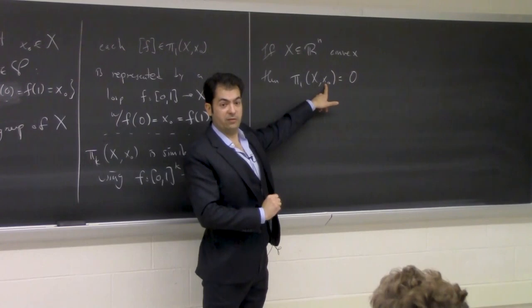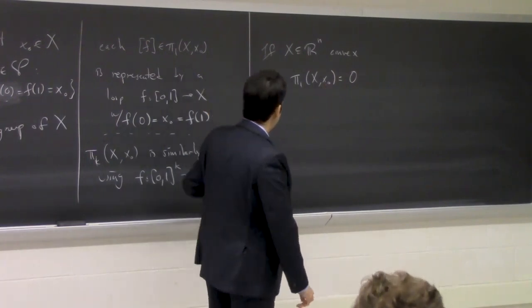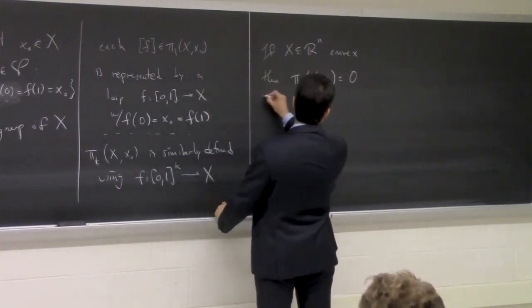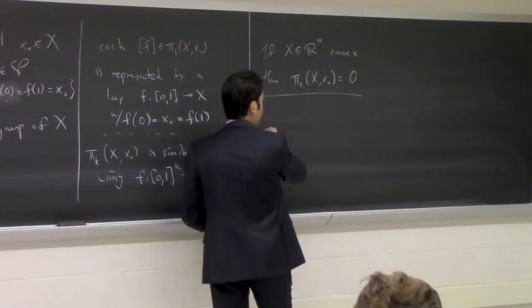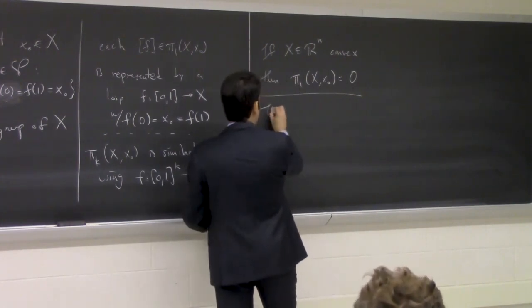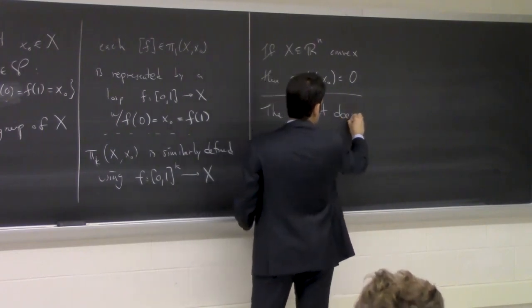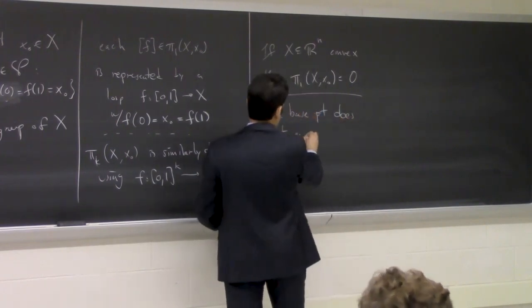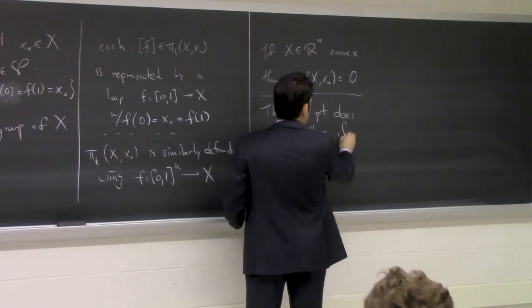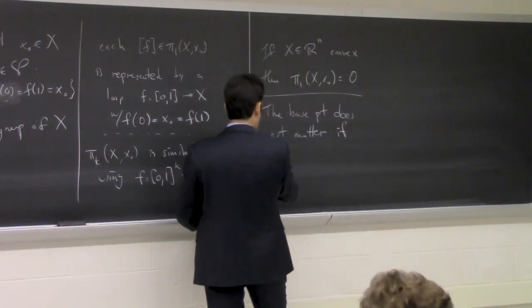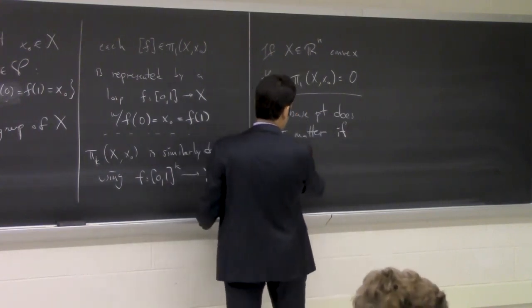So it's just a constant loop at x naught. So okay, that's our only example. And one property we proved is the base point doesn't matter if your space is simply path connected.